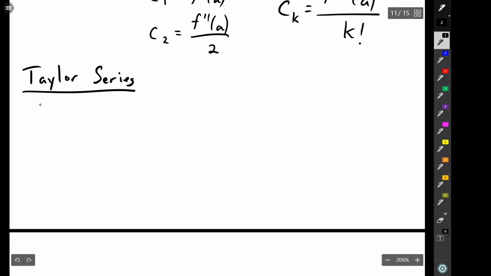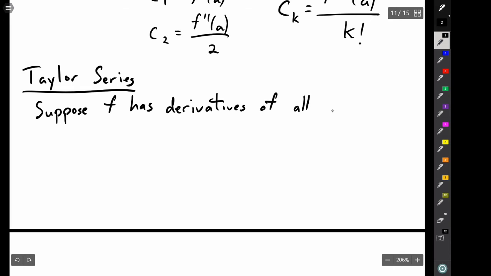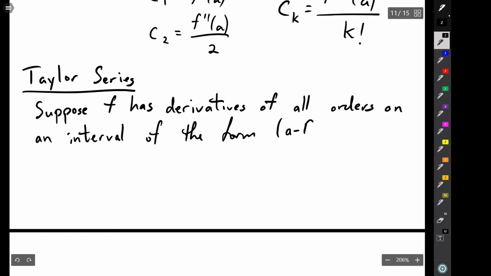So we would say that, suppose f has derivatives of all orders on an interval, right, of the form a minus r to a plus r, right?